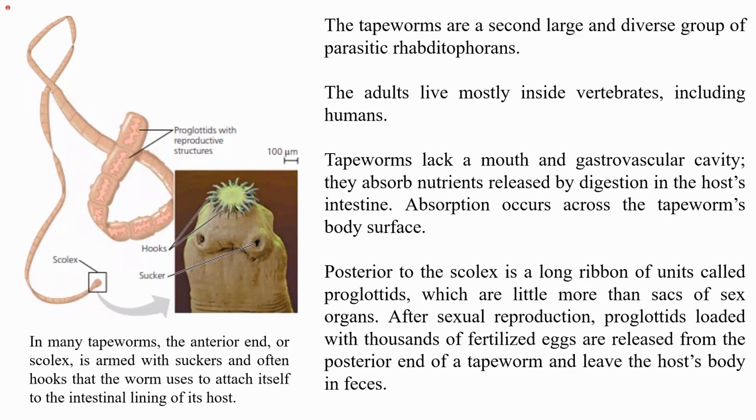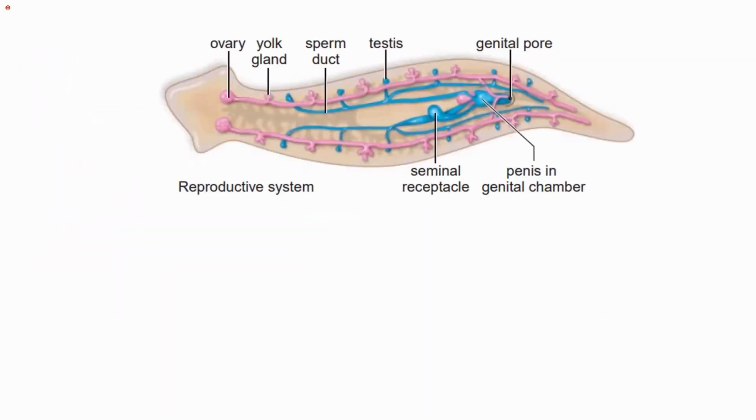The next example, so this is the reproductive system of the planarian. You can clearly see that in this figure. The pink color shows the female reproductive system. The blue color highlights the male reproductive system. As I mentioned, they are hermaphrodites.